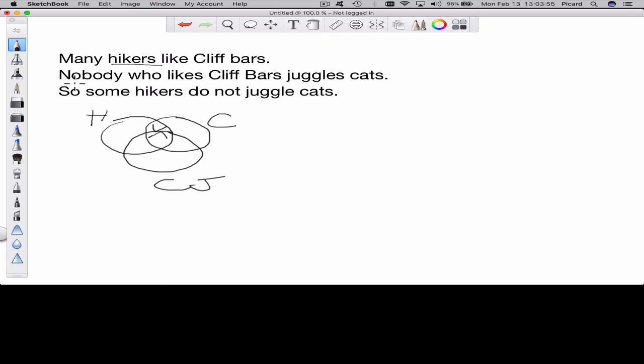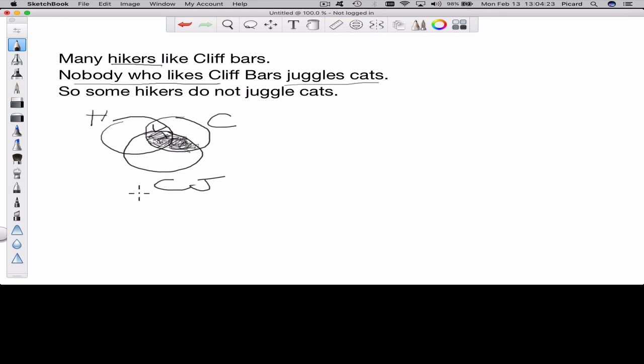The second premise, nobody who likes Cliff Bars is a cat juggler. Nobody who likes Cliff Bars juggles cats. So the people who like Cliff Bars and the people who juggle cats, they can never meet. There are no cat jugglers who like Cliff Bars. So we have to get rid of that zone. It does not exist according to the second premise.